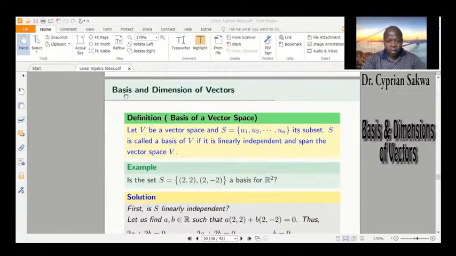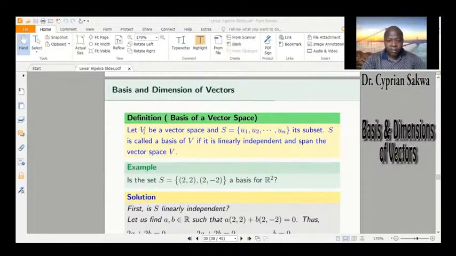Today we're looking at basis and dimension of vector space. The first thing I do is define a basis of a vector space, and then we look at several examples to ensure that the concept is clear to us.